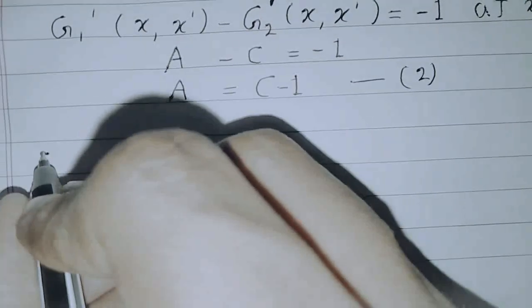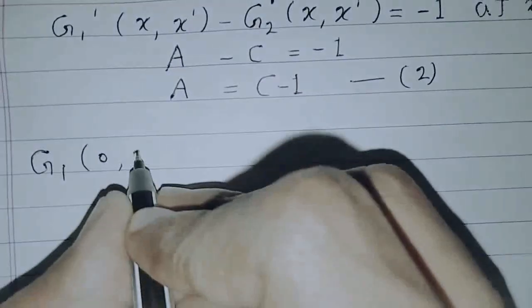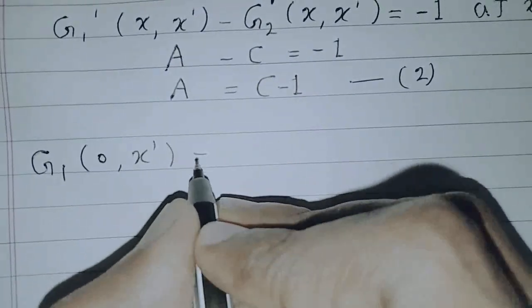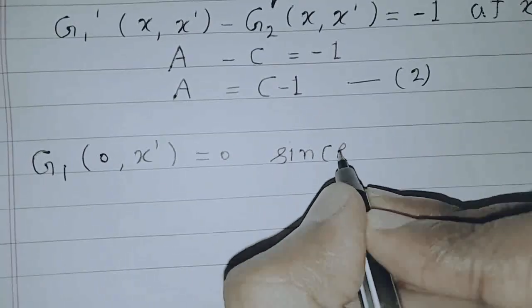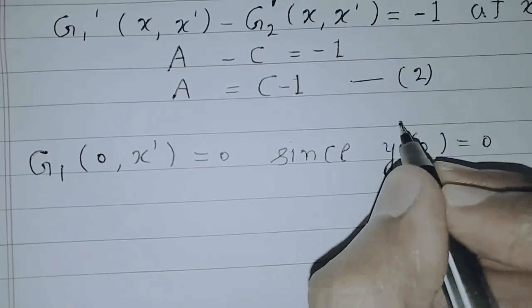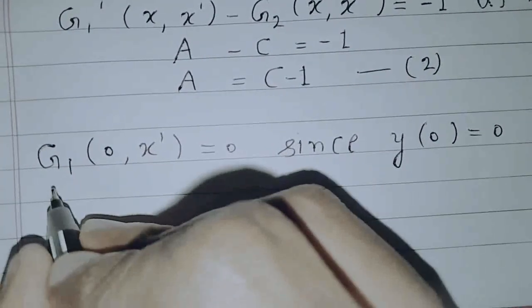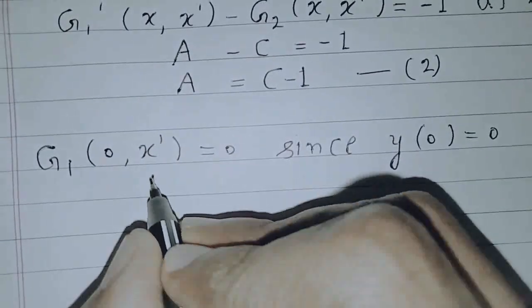Therefore we have at x equals 0, since this is the first boundary condition, and when we use this in g1, then we obtain simply.